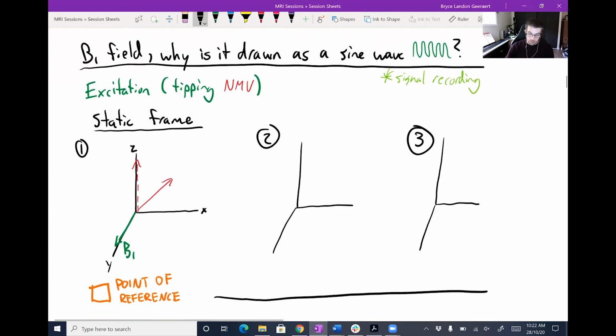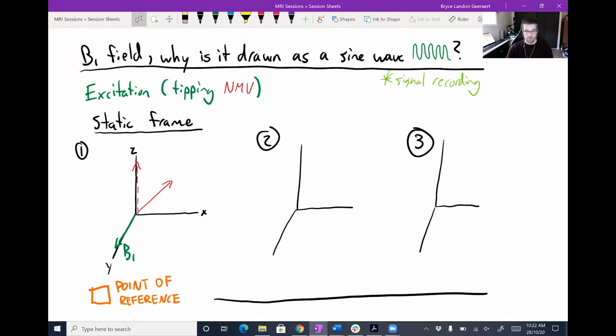And the last thing that I want to touch on that we went over last time is that I kept drawing the B1 field, the extra magnetic field that we apply to our NMV to tip it, as a sine wave, like I've got in the little title up there, just up and down. But I didn't draw the B0 field in that way, right?